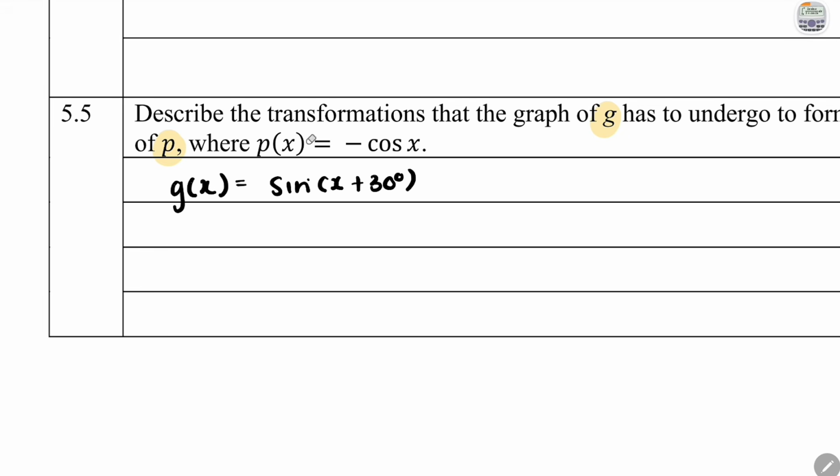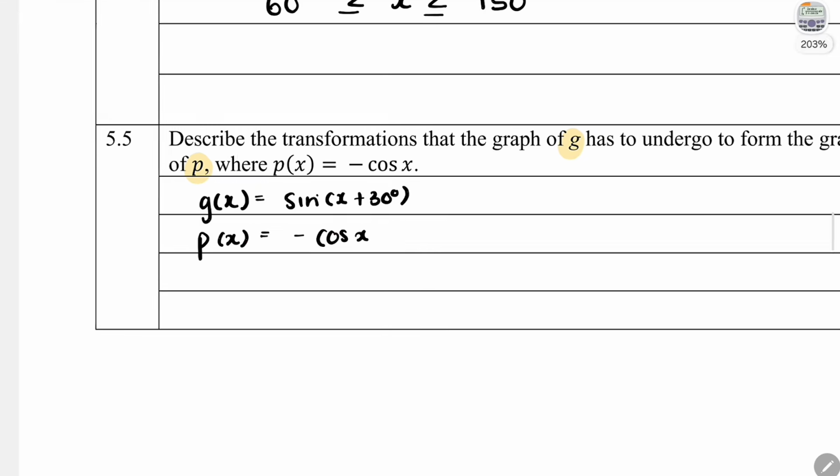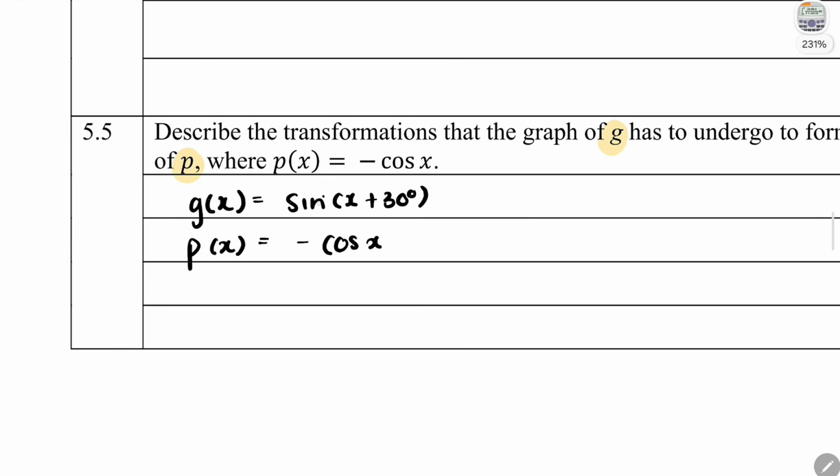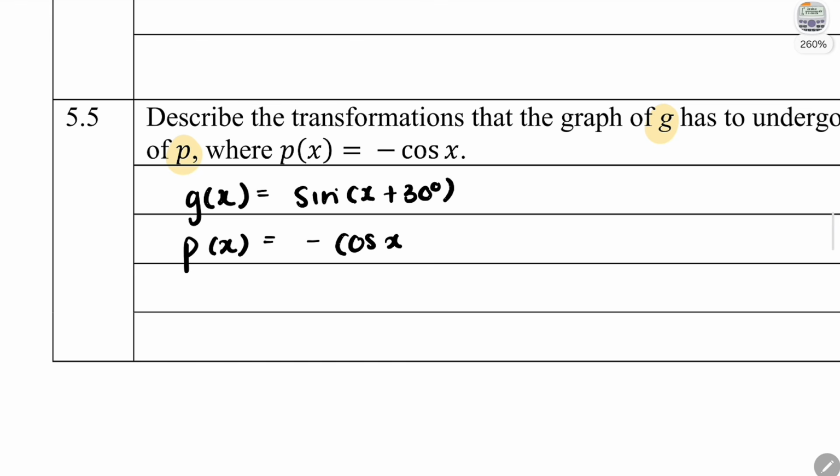And they're saying that it gets transformed to look like this: p of x equals negative cos x. Okay, so how do we get from this to this? In this case, because one is sine and one is cos, we can focus on them both saying the same thing, either saying cos or saying sine. Because we have sine of x plus 30 degrees, it'll be easier to change this to sine.